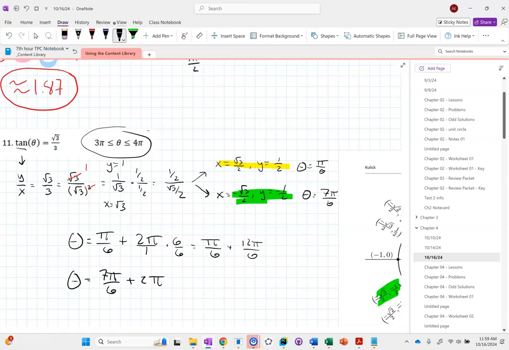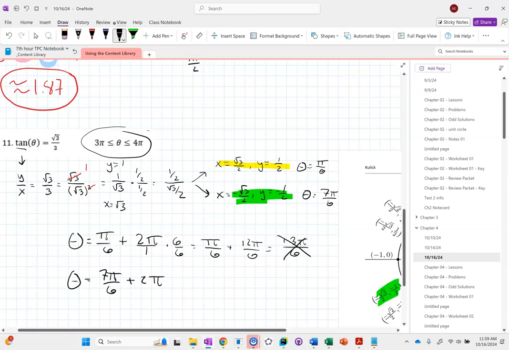To add those two fractions, once they have a common denominator, what do I get? 13 pi over 6. Now, if I look at that, that's like 2 1/6, right? Still not in between 3 pi and 4 pi, right? So that answer doesn't work.